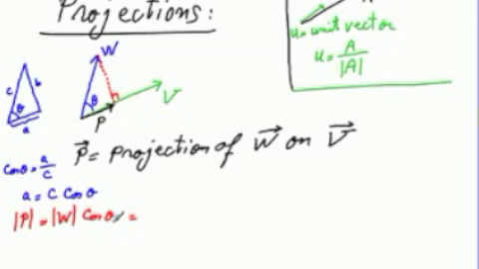I say, okay, I want to bring this quantity V into my picture to create a formula that starts with W and V and ends up with my P.